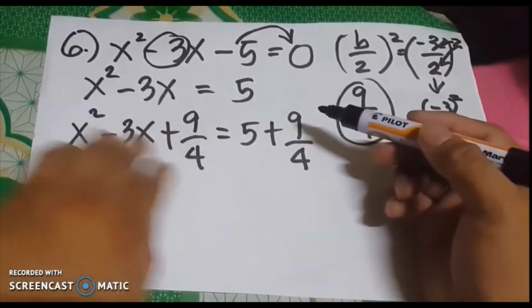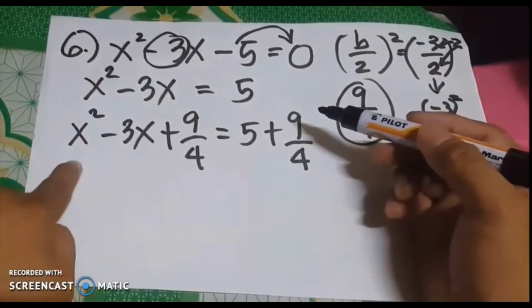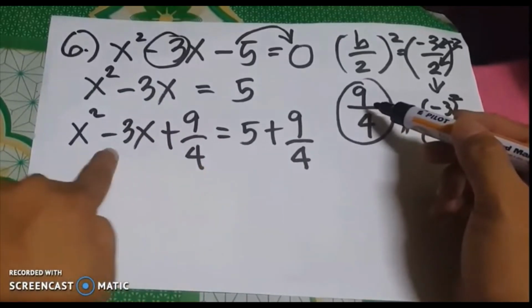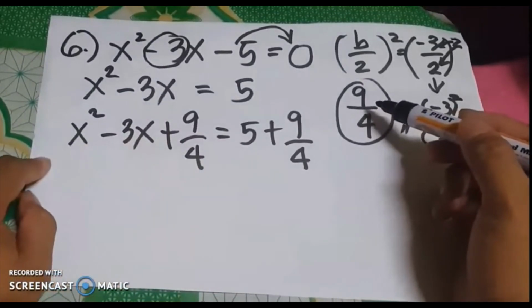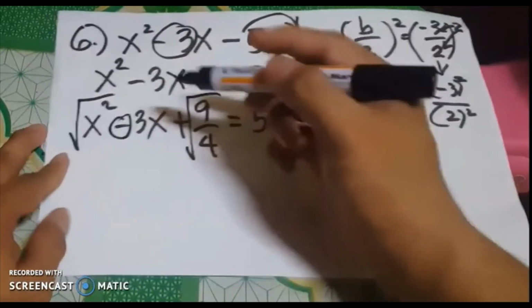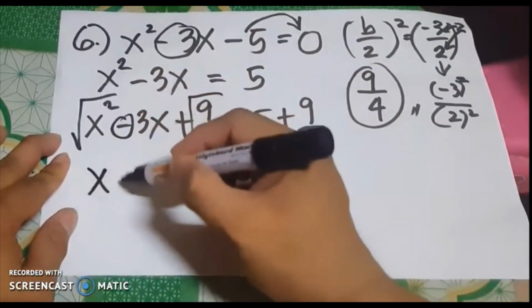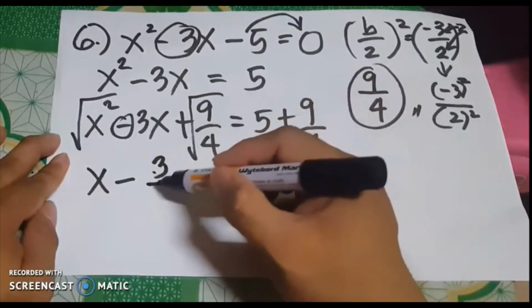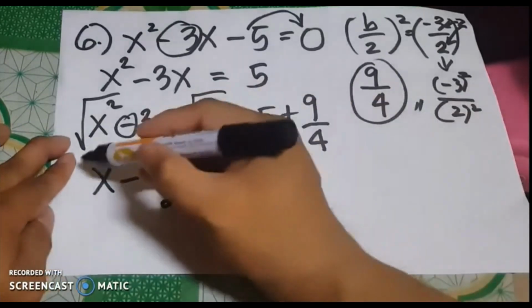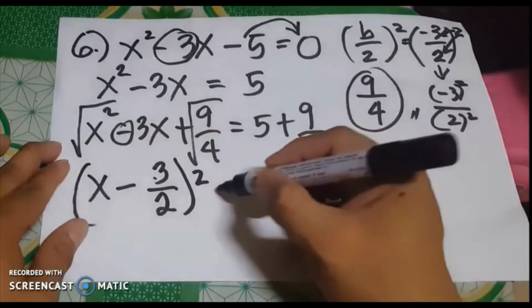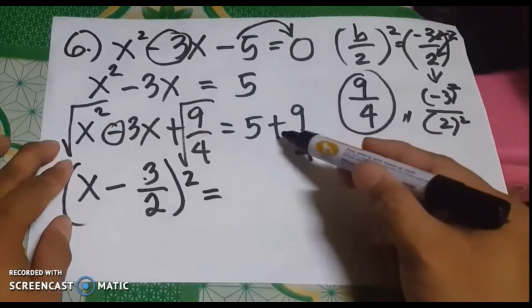It's because it's already a perfect square trinomial. Yung gamit nito is for us to make that left side a perfect square trinomial. So, just getting the square root of first and last and operation of the middle. Square root ng x squared ay x minus square root ng 9 ay 3. Square root ng 4 ay 2. So, we do have x minus 3 over 2 quantity squared.